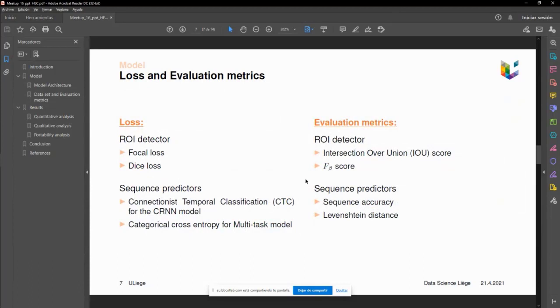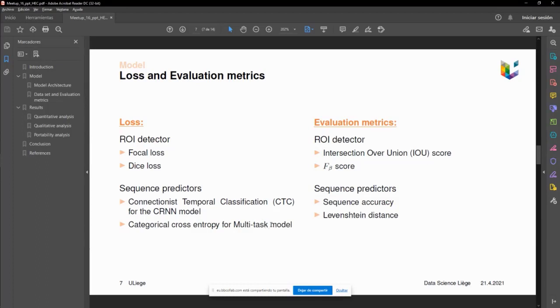Once we have our models set, we use these metrics to train them. Basically, the ROI detector model uses a loss that is a combination of focal and dice loss. And for the predictors, we use the connectionist temporal classification that basically helps us to reconstruct the sequence and calculate the loss.